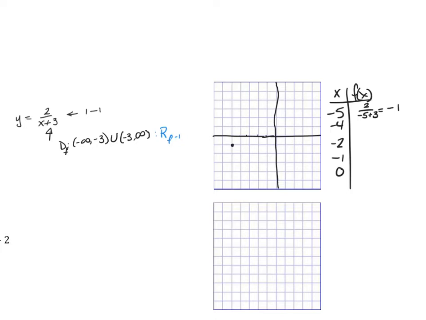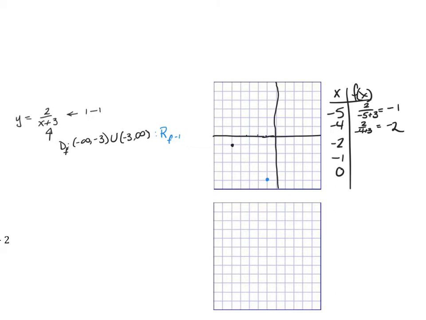Now, for my inverse function, I know if that point is -5, -1, then -1, -5 should be on the inverse. So then I put in -4. So 2 over -4 plus 3 is -2.